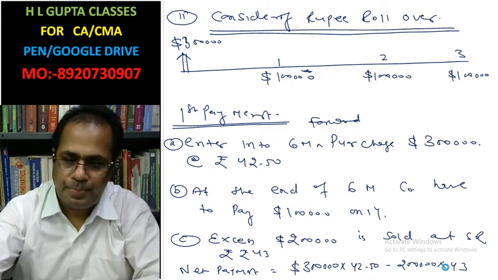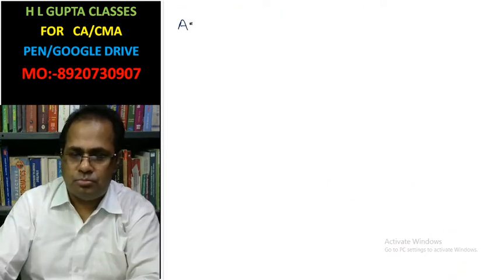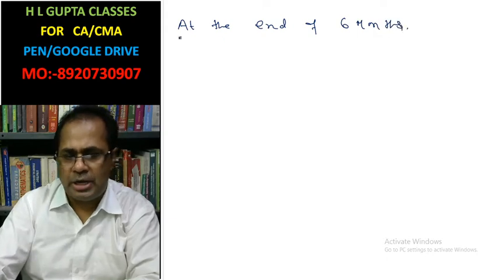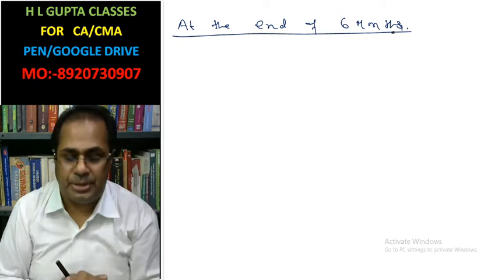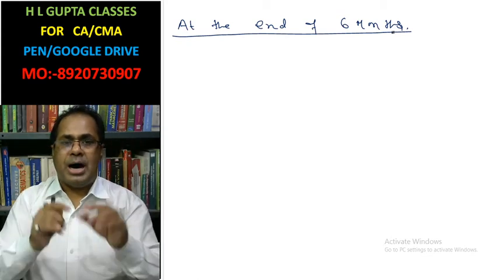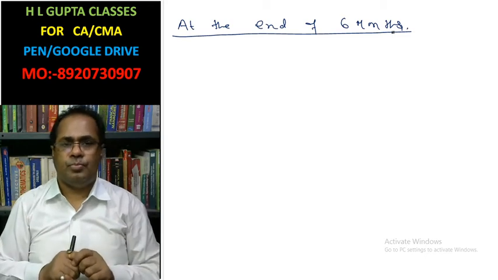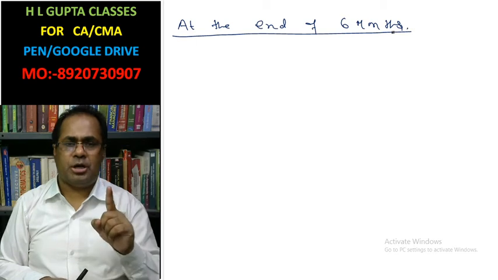Again, at the end of 6 month, after the first payment, out of 3 lakh you had paid $1 lakh. Balance you have to pay $2 lakh.